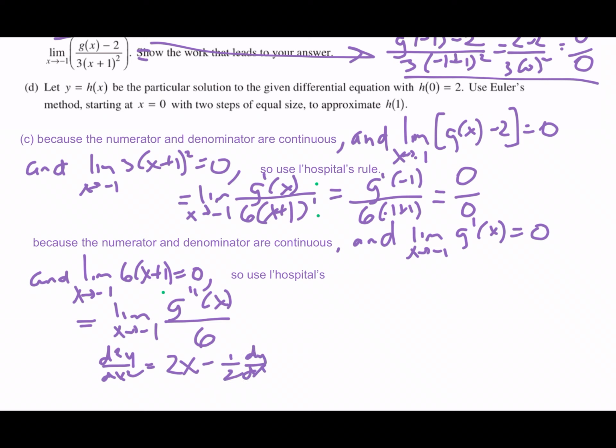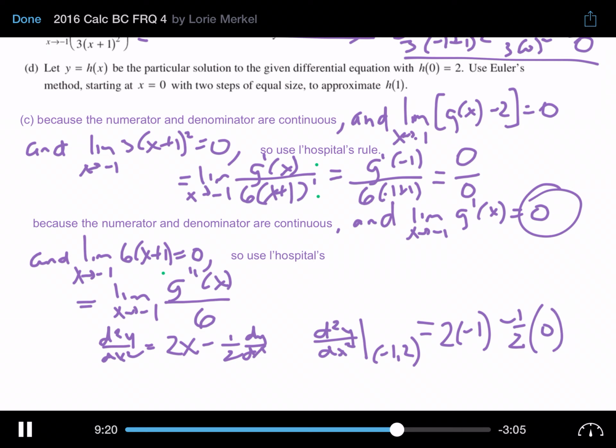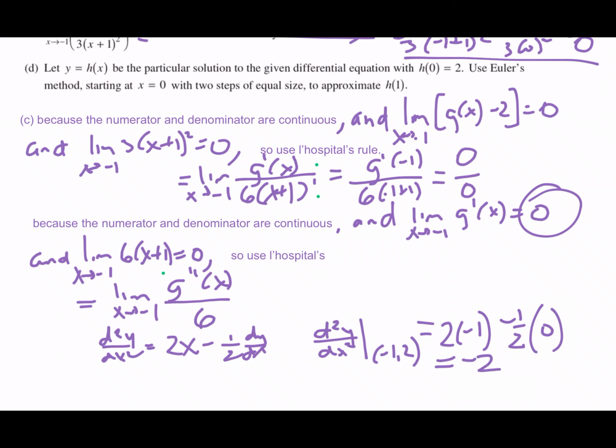So my second derivative at this point, which is the point -1, 2, is going to be twice x minus 1/2 dy dx, and what we found for dy dx at that last point was 0, so I'm getting a -2 now. Okay, and that is my answer.